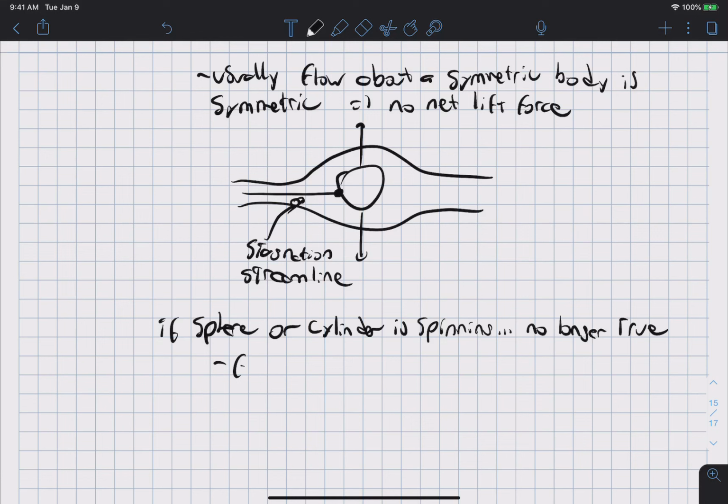Okay, so the flow will be non-symmetric. And you get lift.